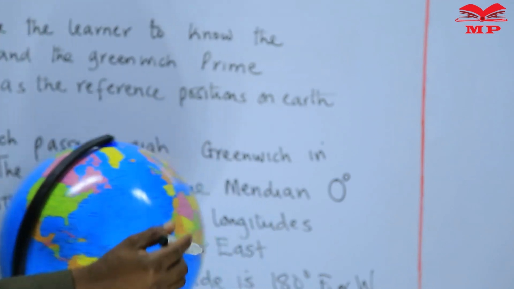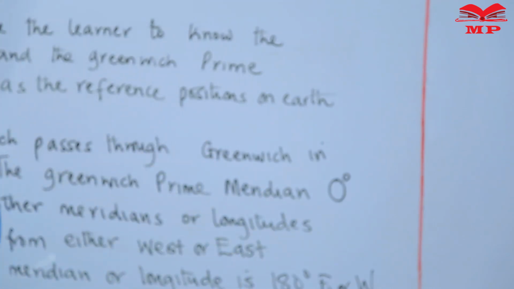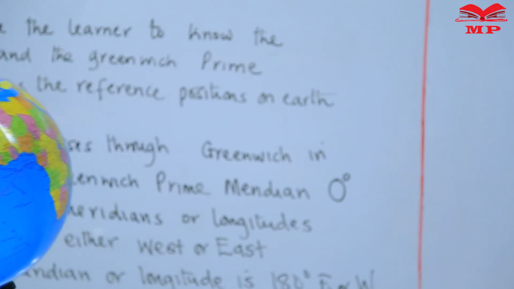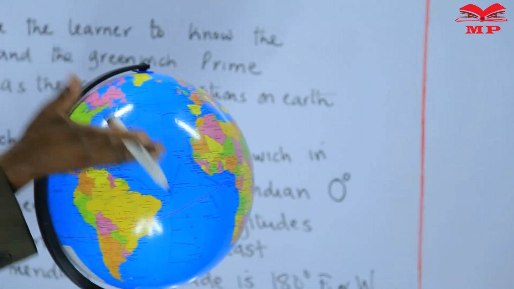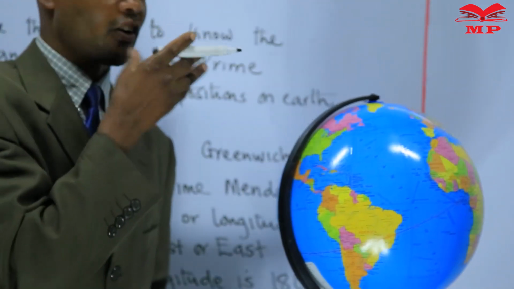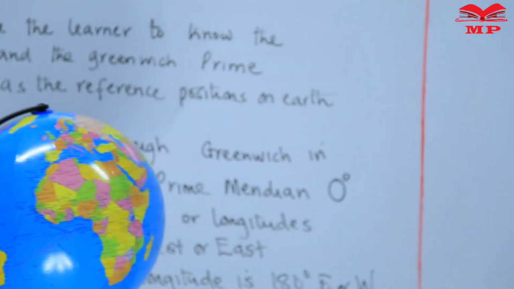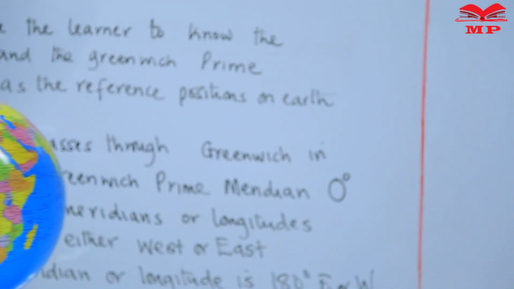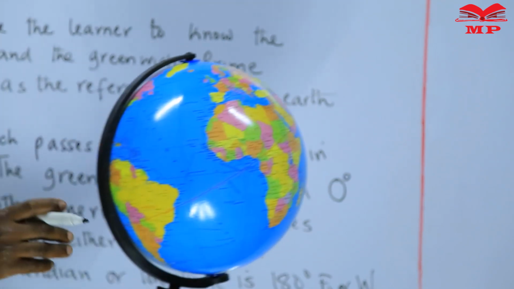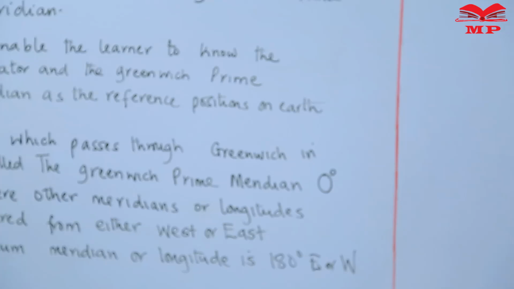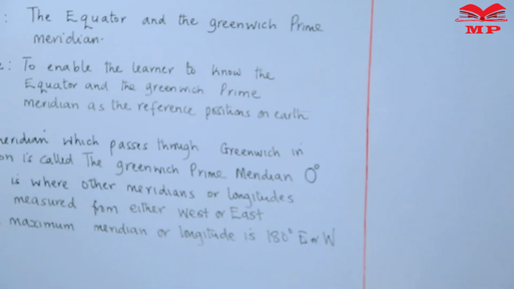So when we talk about the longitudes, we are moving east or west. But when we come to those other lines, moving south or north, we shall be talking about a latitude.